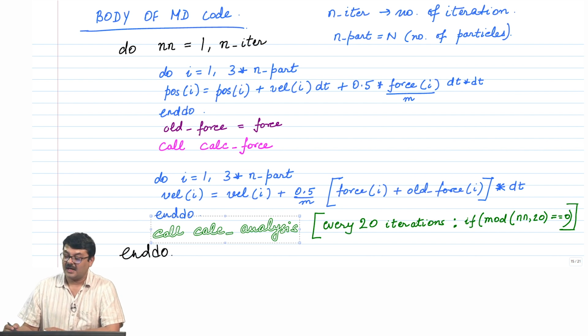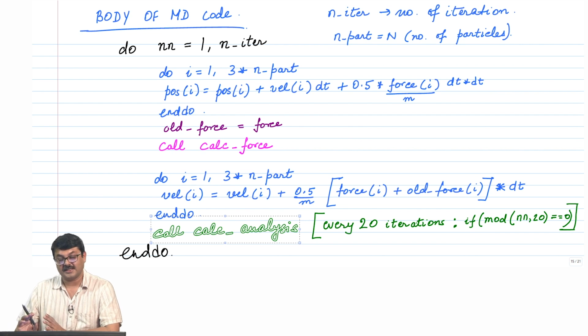So, mod NN comma 20 gives the remainder. If you divide NN, the first number, by 20, it gives the remainder, and only if it is equal to 0, which means NN is exactly divisible by 20, is that condition satisfied, meaning NN is a multiple of 20.